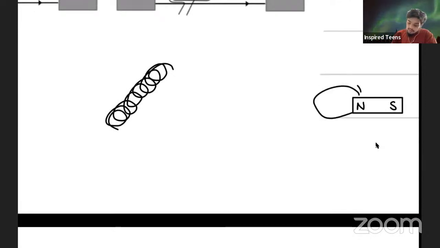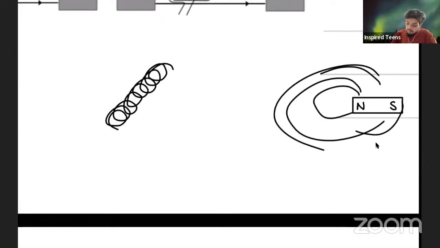Maybe the magnetic field lines are just here. I'm not drawing them perfectly, but perhaps the magnetic field lines extend up until there, and we have the solenoid here. Here, the magnetic field lines are not even touching the solenoid. In that case, we would have no flux linkage, no magnetic flux, because no part of the magnetic field lines crosses the area of the conductor, which in this case is the solenoid.